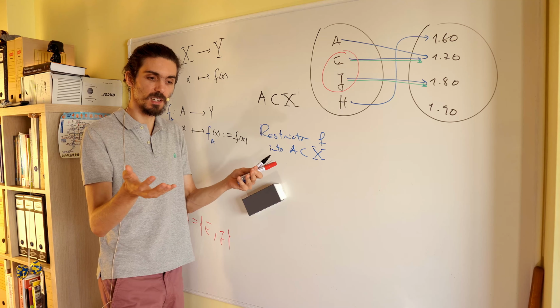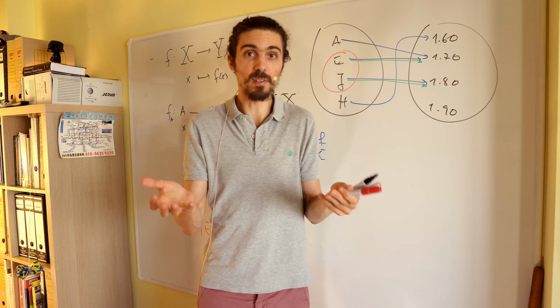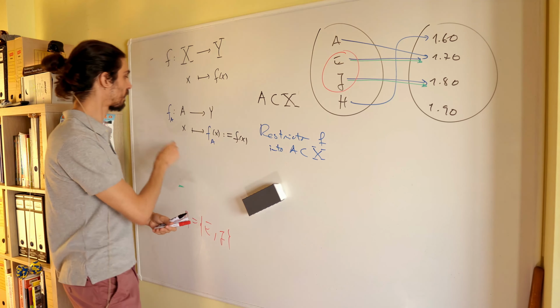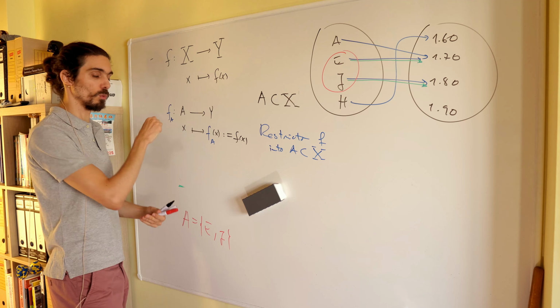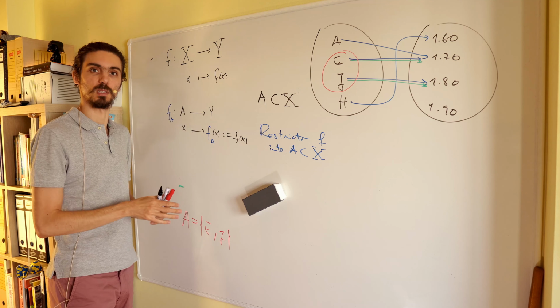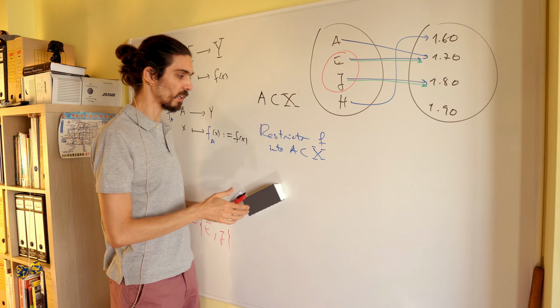And to emphasize that idea, we introduce a special symbol to say that one is the other, but restricted to that subset. Okay, so we speak about the restriction of a function.